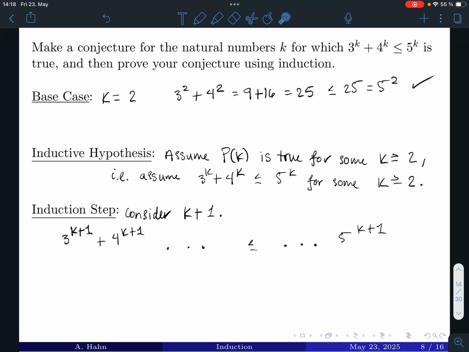And then again, just like in the previous example, all the magic, everything that we contribute to the proof, is going to be between here and here. All of this other stuff that we've written down is formulaic. You should be able to write it down without really thinking all that much. So let's fill it in. Let's think about it.